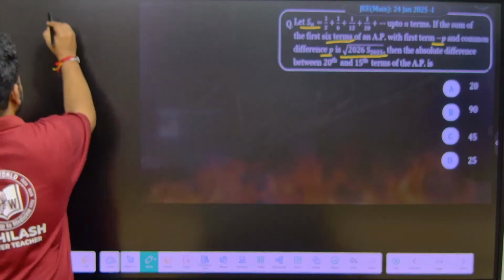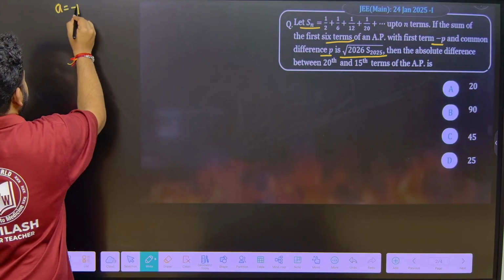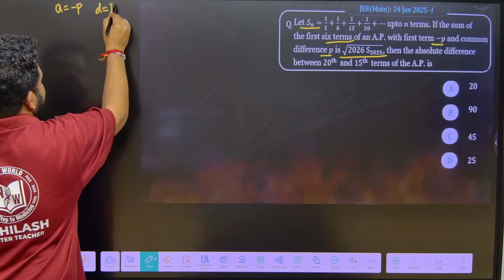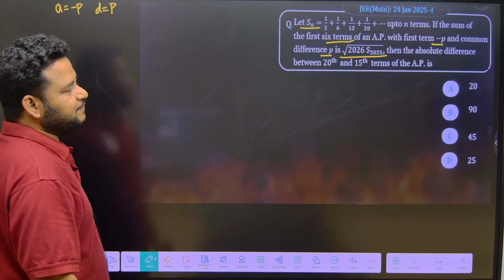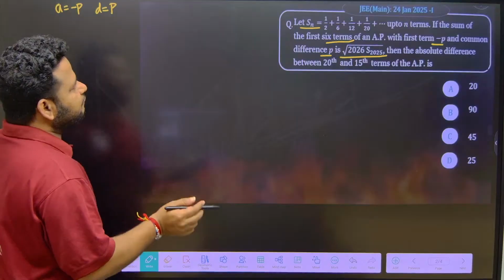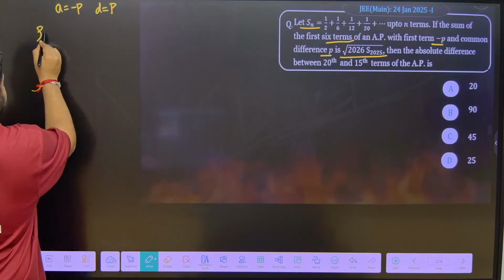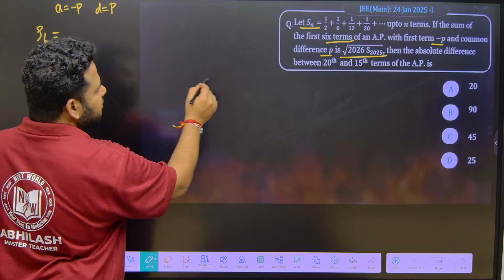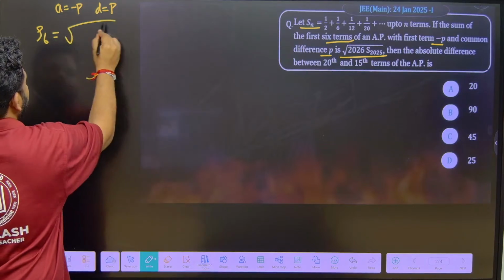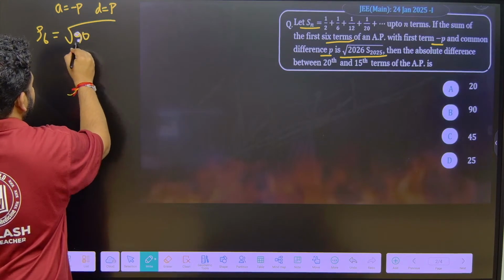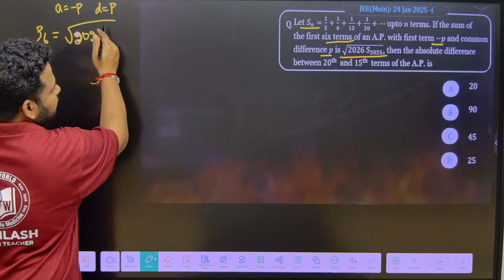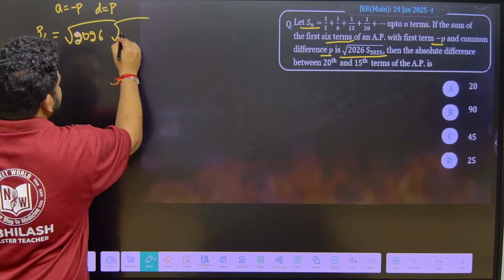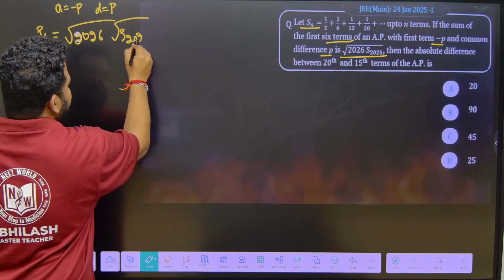So here A is equal to minus p and common difference D is equal to p. And they have given the sum of first 6 terms of an AP, that is S6, which is equal to square root of 2026 into square root of S2025.